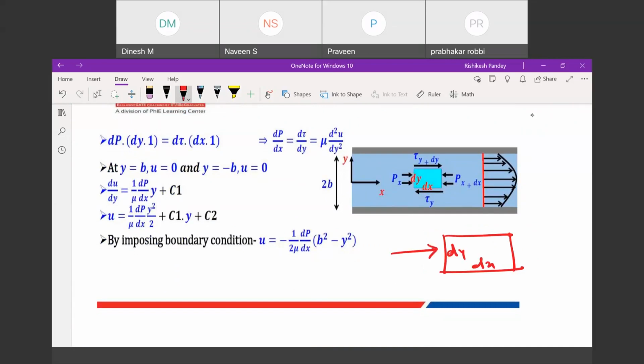This height is dx, and pressure is acting here as p at x, and here as p at x plus dx. In this direction a shear stress acts as tau at y, and in this direction it is tau at y plus dy. So only these two forces are considered in that fluid element.